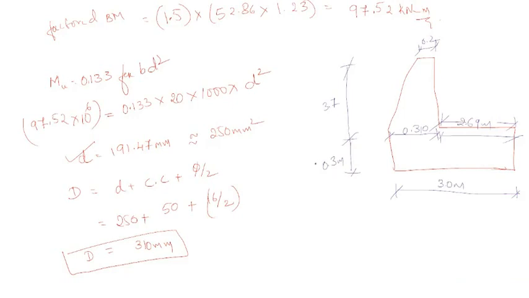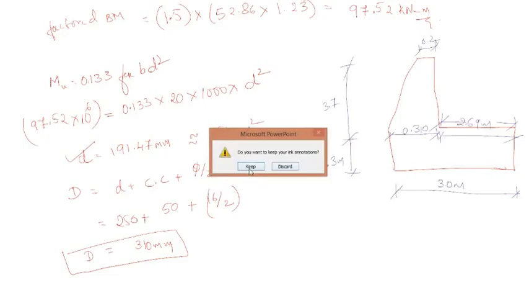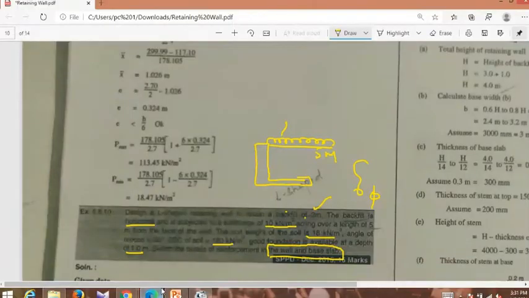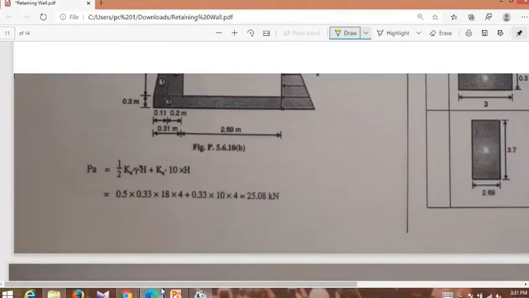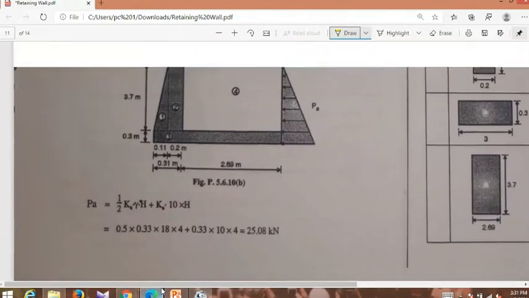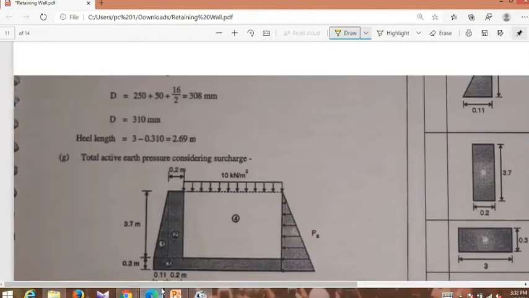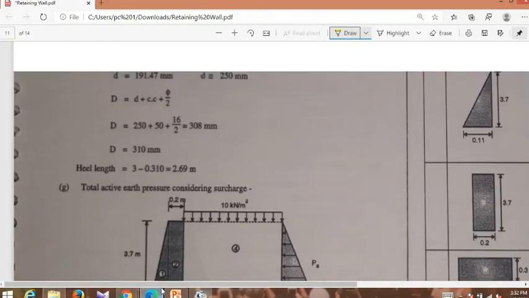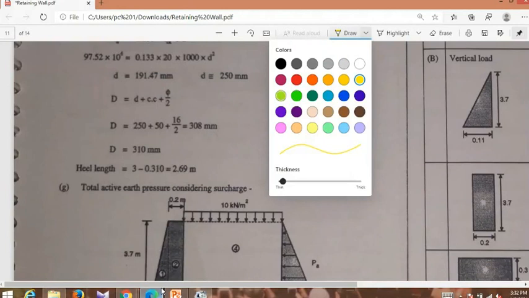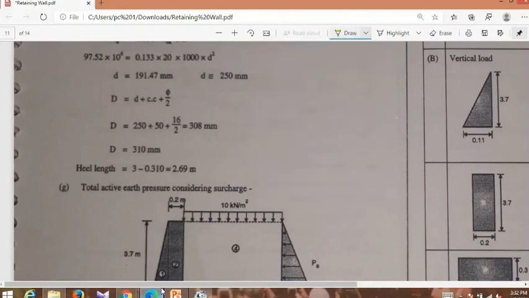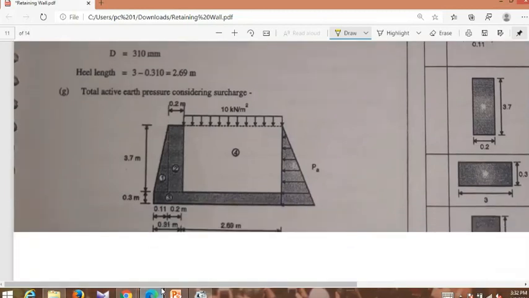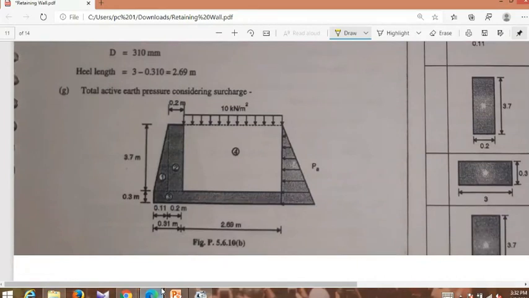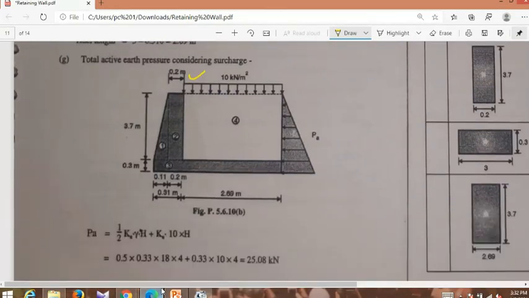Okay, so I will show this diagram and the tabular column in PDF. Okay, we have got all the lengths.